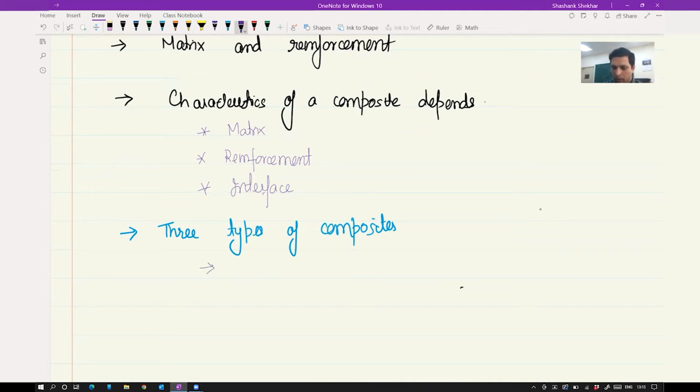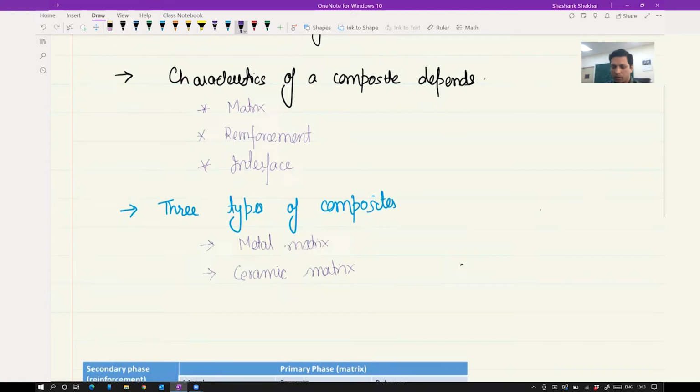And they will be metal matrix, ceramic matrix, and polymer matrix.